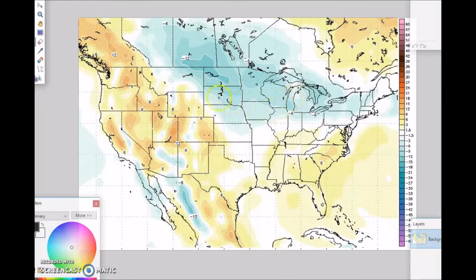Then we have below normal temperatures for the Northern Plains and the Upper Mississippi Valley. I think the cutoff for the below normal temperatures will be west of this line. This is about the best I can get it. Anomalies of 4 to 6 degrees below normal are forecast.